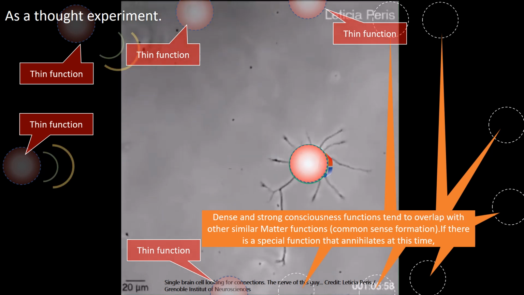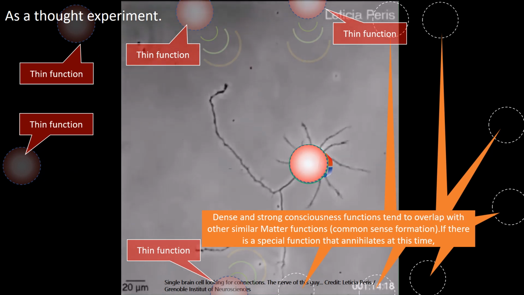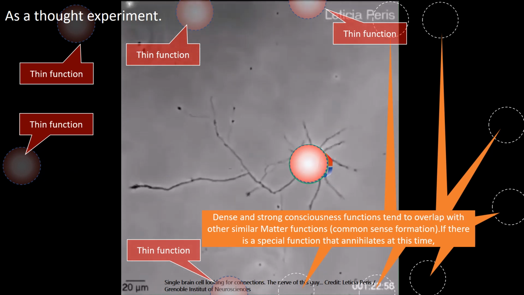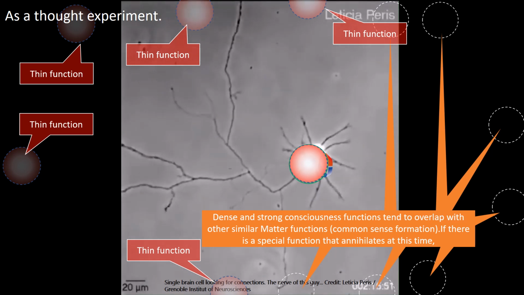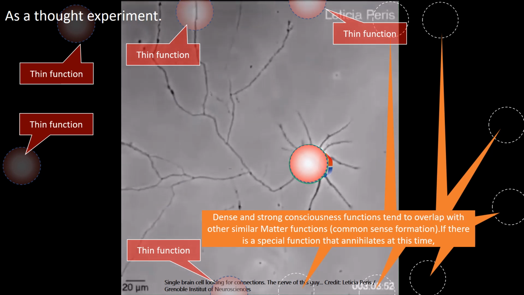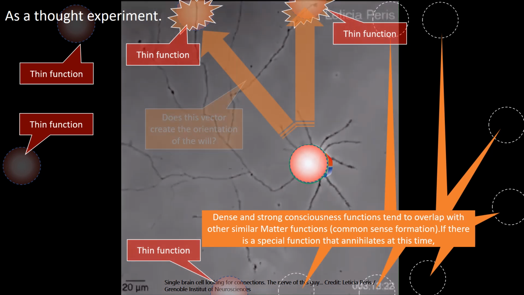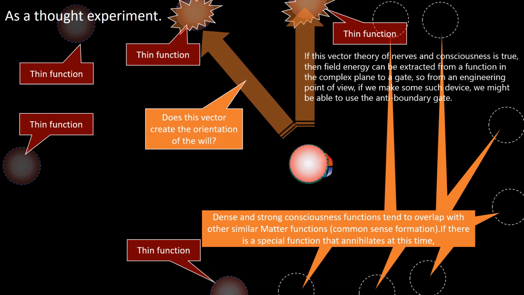Common sense formation if there is a special function that annihilates at this time. Does this vector create the orientation of the will?